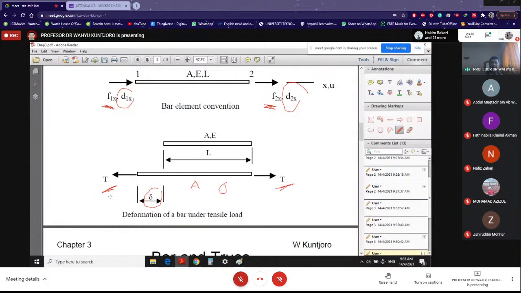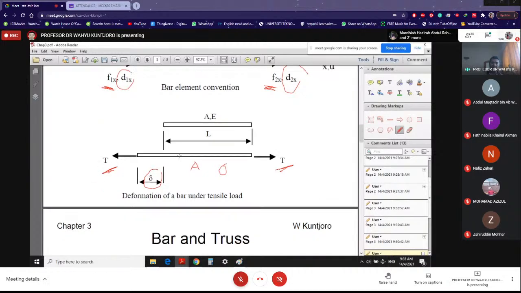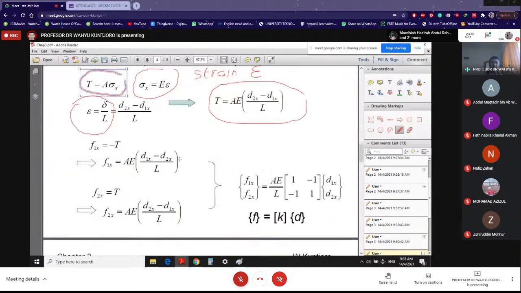Only now F2x is positive T, F1x is negative T. Okay? So because of that, that's what we have here. F2x positive T, F1x negative T.